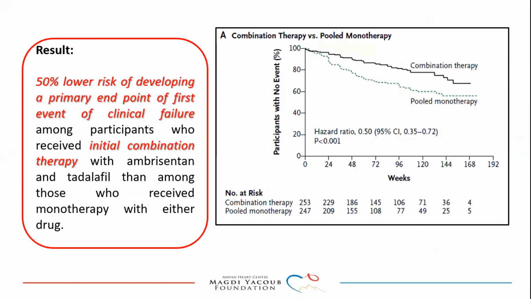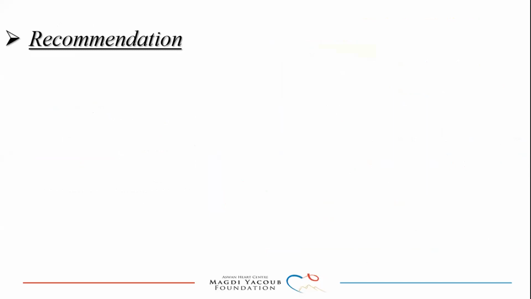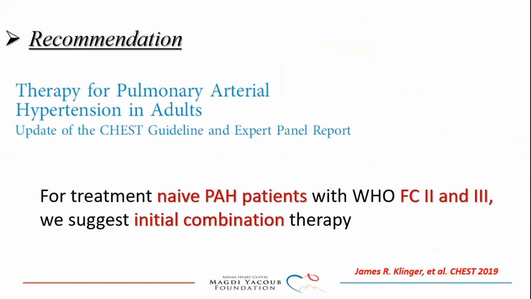Its results showed a 50% lower risk of developing the primary endpoint in those who received the initial combination therapy versus those who received monotherapy. Accordingly came the recommendations for treatment of naive PAH patients with functional class 2 to 3: we recommend initial combination therapy.